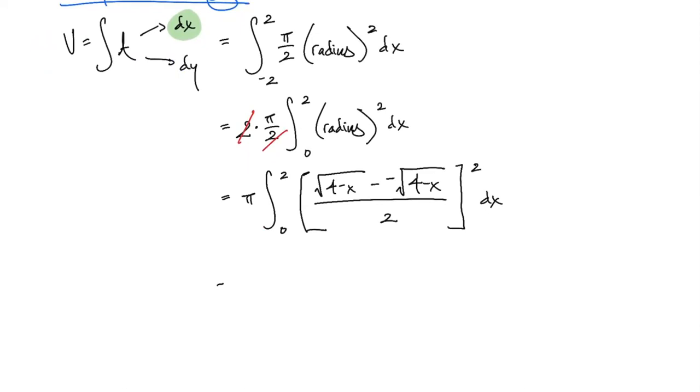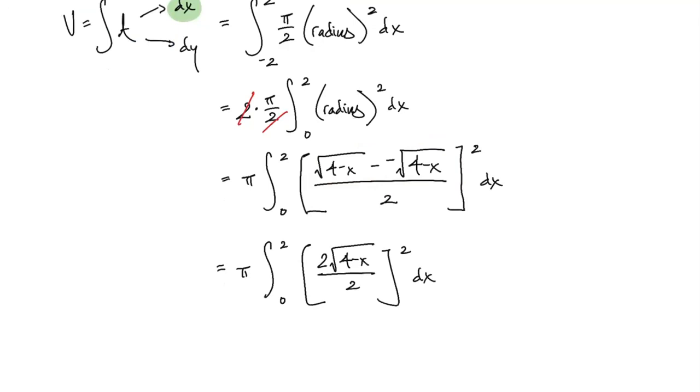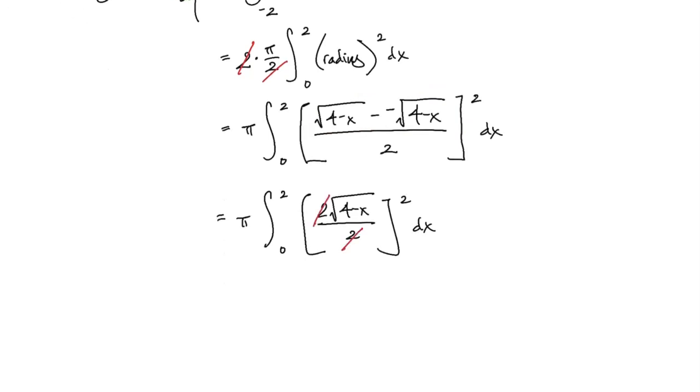Now, Luca pointed out a really nice pattern earlier, mentioned that when we have the square root of something minus the negative of that square root, we actually end up with 2 of the positive ones. Which is really nice because this 2 and that 2 will reduce.